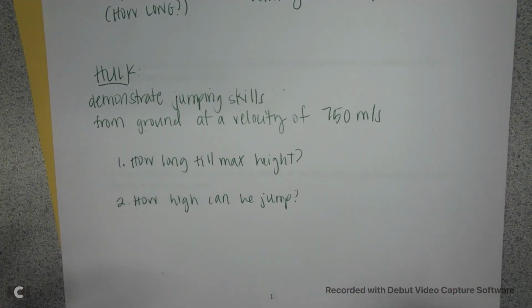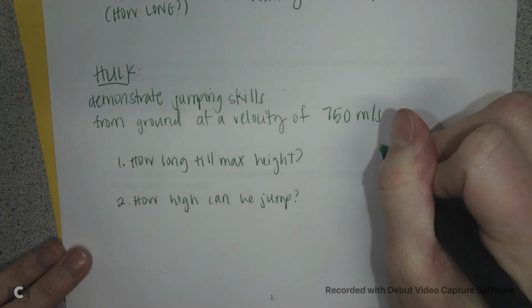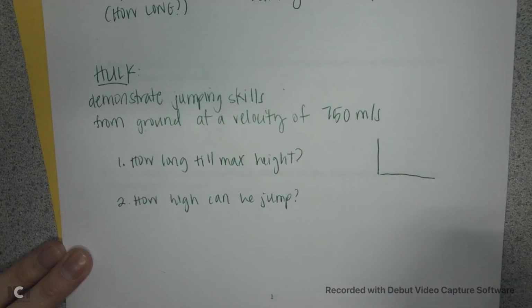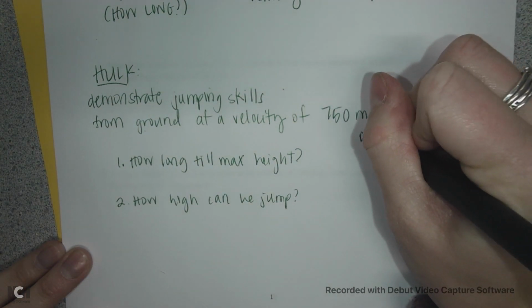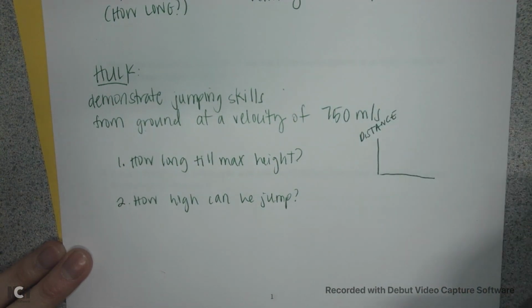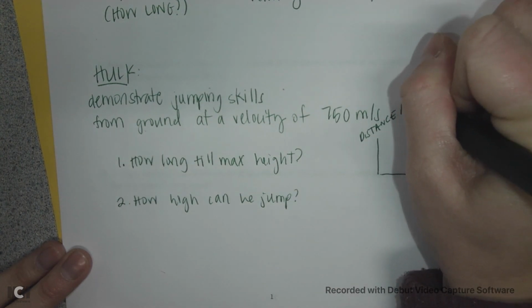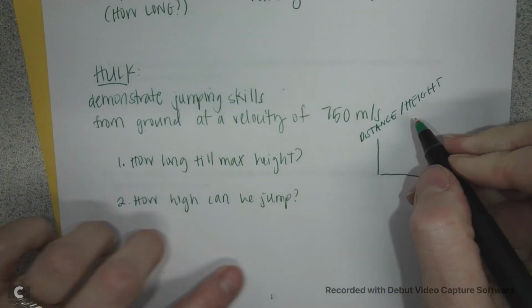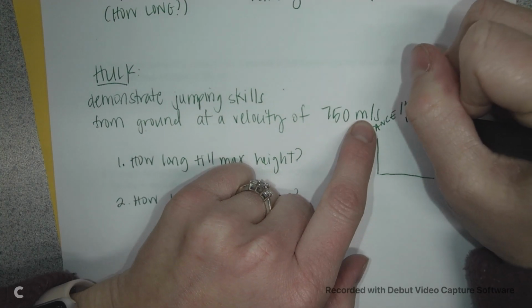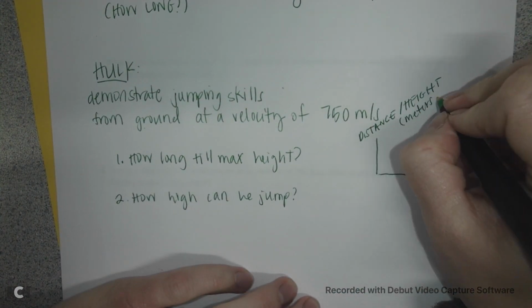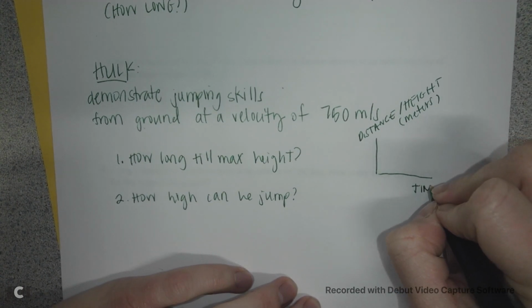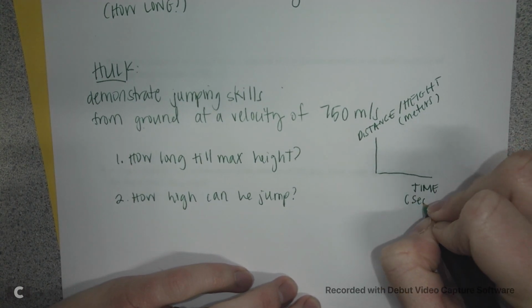Okay, so if we're thinking about this, we can use a time and distance graph where this is the distance of the height that he traveled, and we are talking about meters. And then we want to know the time it took him, which is in seconds.